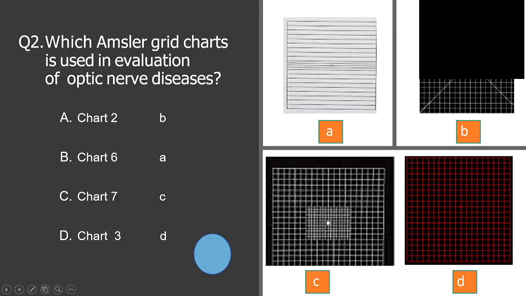Here is question number 2. Which Amsler's grid chart is used in evaluation of the optic nerve diseases? Option A, chart 2. Option B, chart 6. Option C, chart 7. Option D, chart 3.